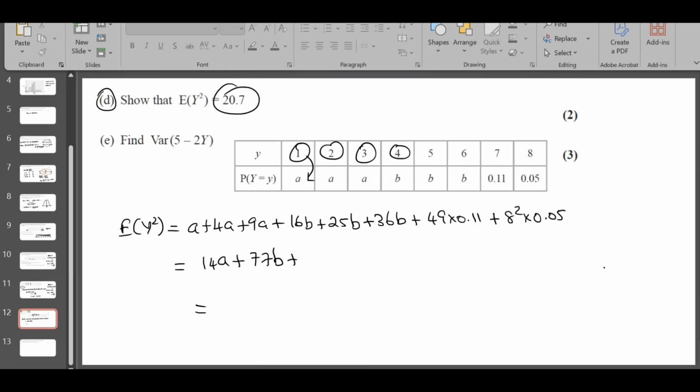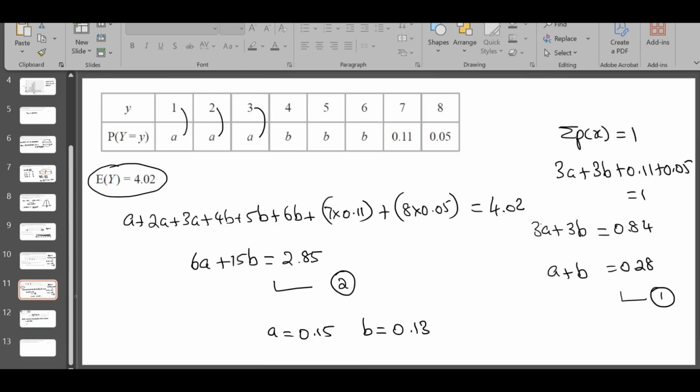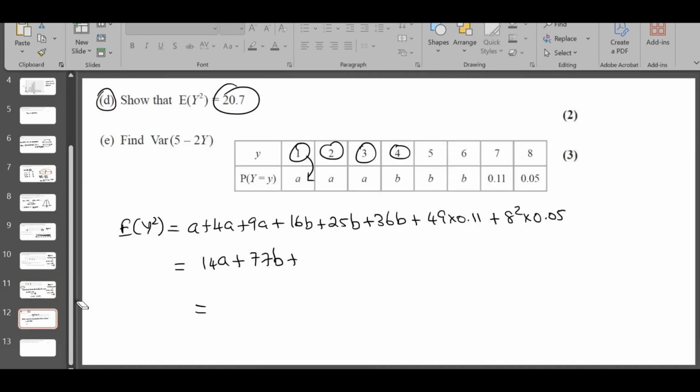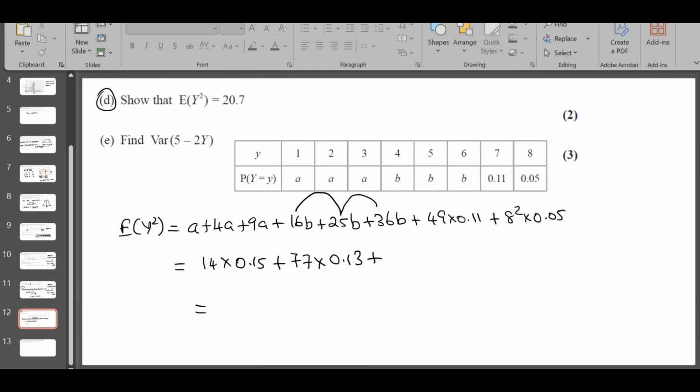You should get this. We know the value of A and B, 0.15 and 0.13. So you can write it as 14 times 0.15 plus this is 50, 61. When you add the B, you'll get 50, 61, 67, 77 times 0.13 plus 49 times 0.11, 8 square, 64 times 0.05.